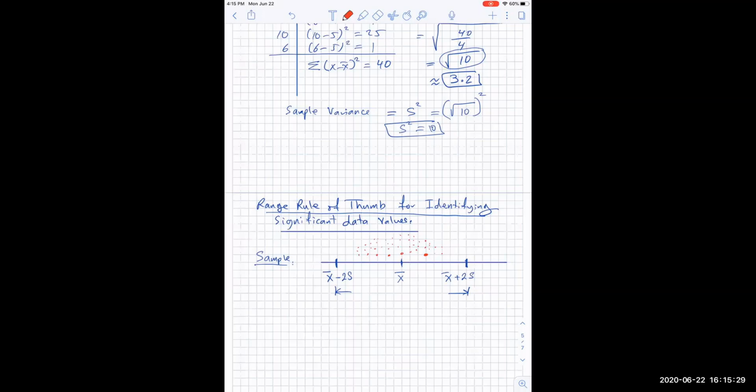All of these are values that are not significant.